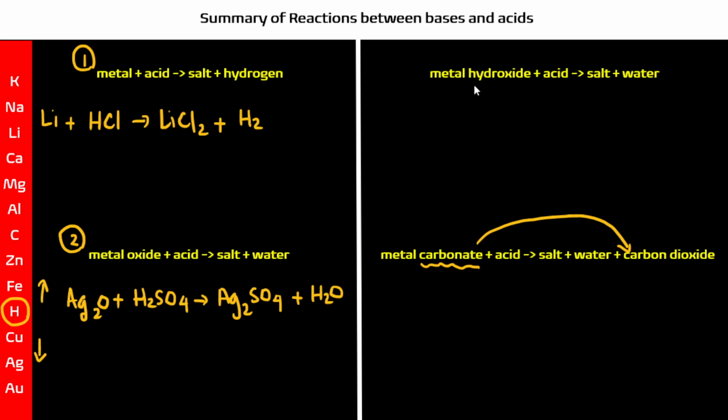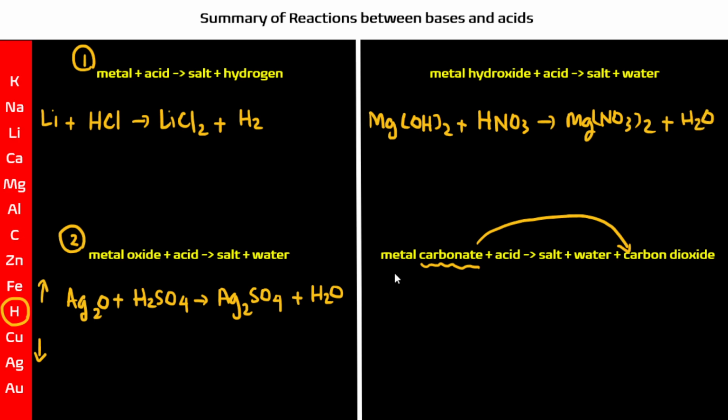If I have a metal hydroxide, let's say magnesium hydroxide, Mg(OH)2, plus an acid, nitric acid, HNO3, we will have magnesium nitrate, Mg(NO3)2, plus water.